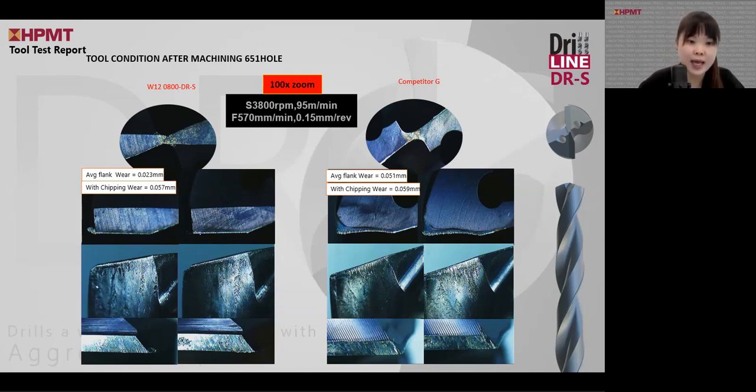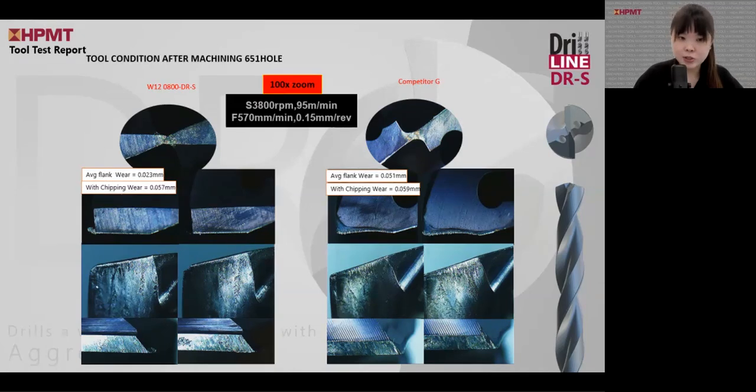If you look at how the wear pattern formed at the end, after it had done these 651 holes, the tool wear is actually not much. So I believe our cutting tools can still go further than this. In conclusion, our cutting tools still give a good performance under an 8D design.